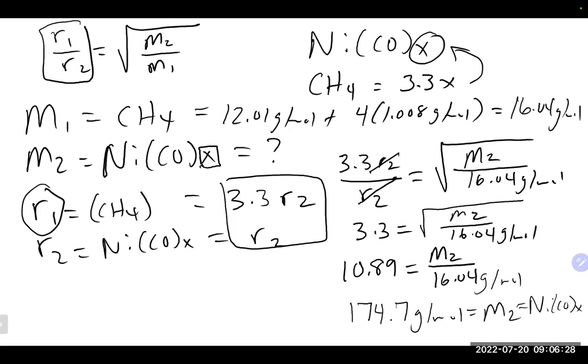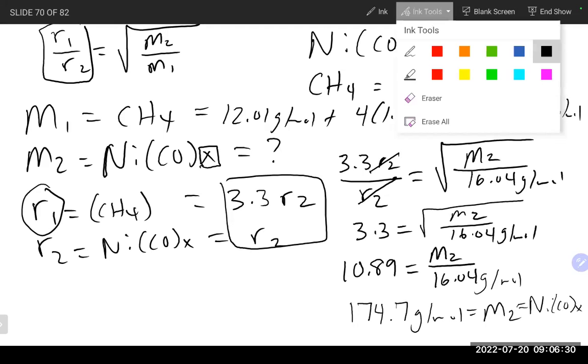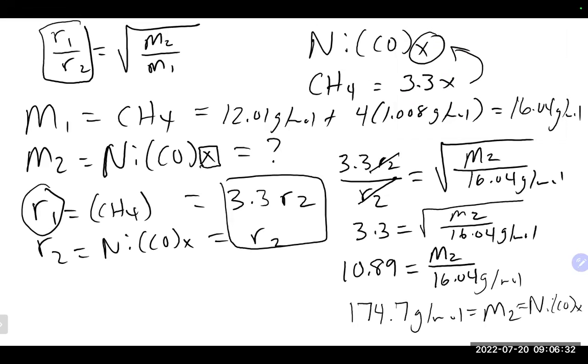So you may be asking yourself, how does this help us figure out what this compound actually is? When we look at the formula of this nickel compound, the one thing that we for sure know is that there is only one nickel in there.